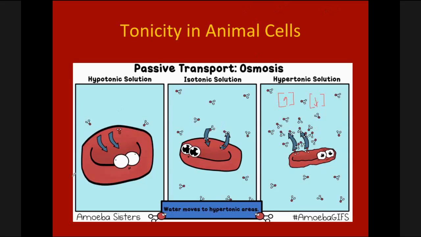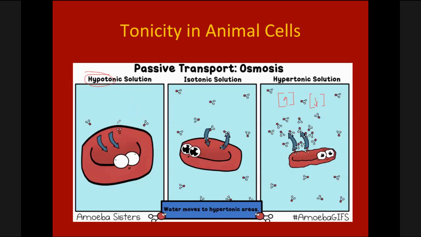All right, so let's move on and learn a little bit about hypotonic. And hypo means below, right? So like a hypodermic needle goes below your skin. And a hypotonic solution basically means that the concentration of the solution outside of the cell is low relative to the concentration of the solution inside of the cell.